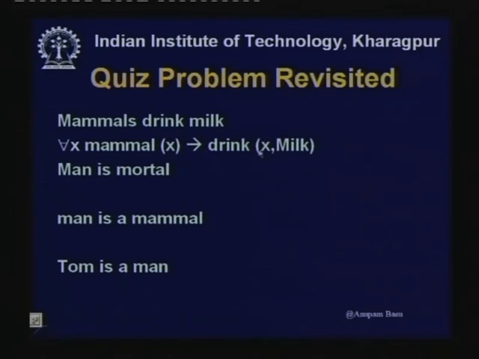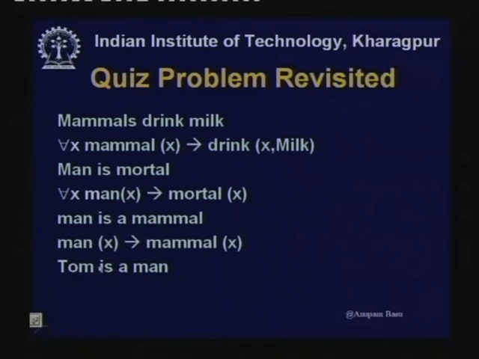If that is the case, then x will drink milk. Man is mortal: for all x, if x is a man, then mortal x. Man is a mammal: here I should have written for all x.